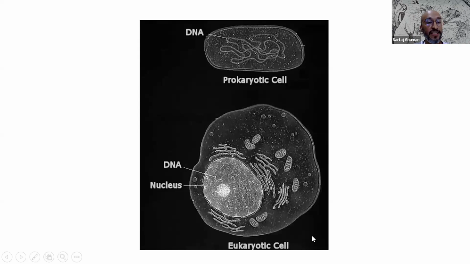A eukaryotic cell has what are called organelles, which are basically structures within the cell that perform specific functions. The DNA is housed within the nucleus, and these shapes that you see here are the mitochondria, the powerhouses which drive the cell, the engines of the cell. And some cells have chloroplasts, which help convert solar energy into food.